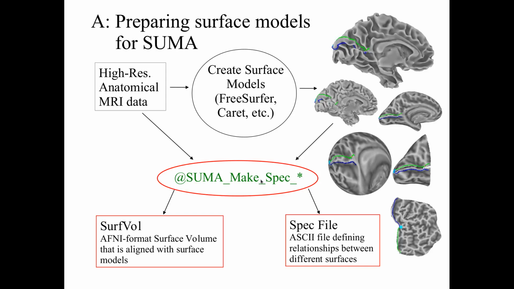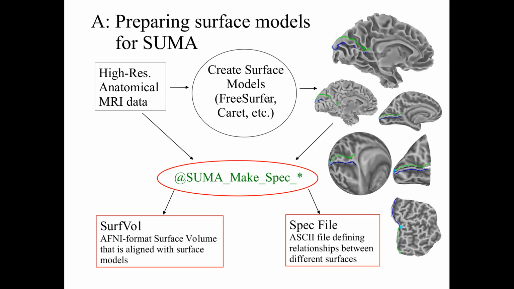All right, so what do we do to plan to use SUMA? As we noted, you acquire your high-res anatomical MRI data, so something like a 1 millimeter isotropic T1-weighted volume, which probably takes about 4 minutes of scan time nowadays. Then you take that data set and put it into your surface model creator of choice.